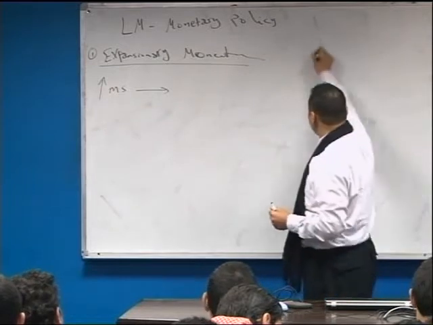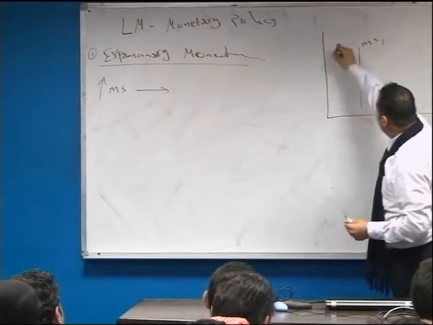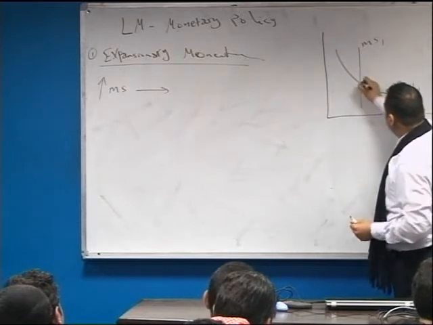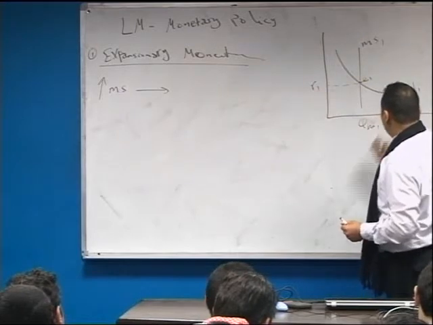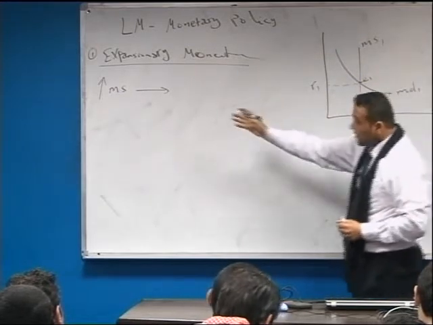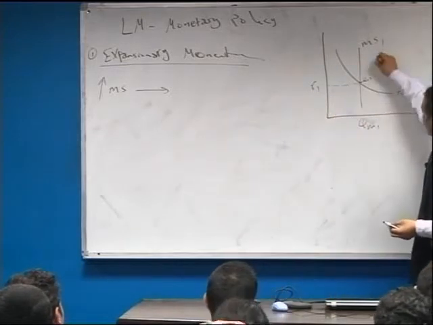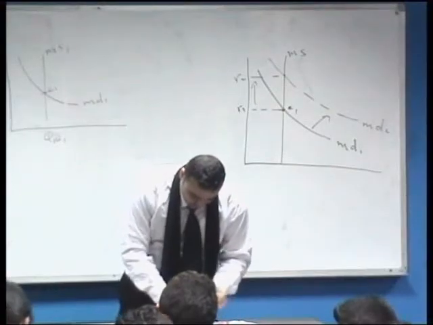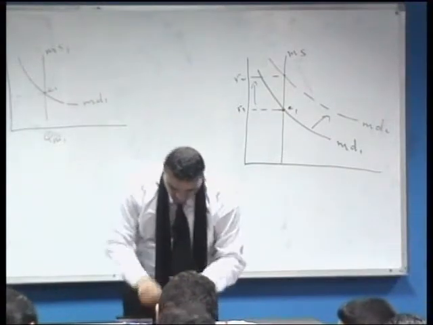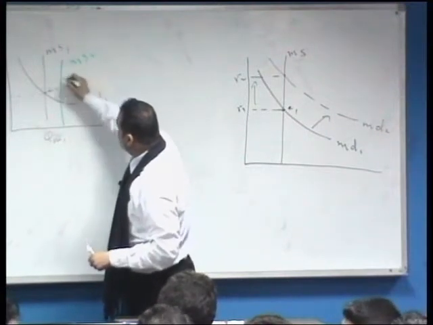Let me draw it like this. This is the money supply 1, MD1, E1, R1, QM1. Increasing the money supply means there is a rightward shifting in what? In the money supply, here, to MS2.